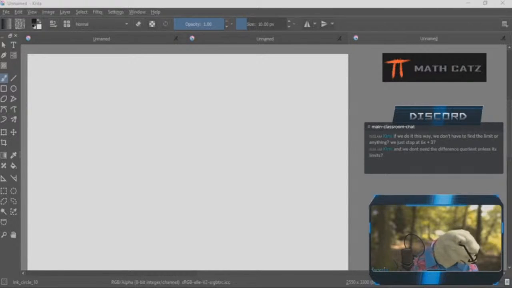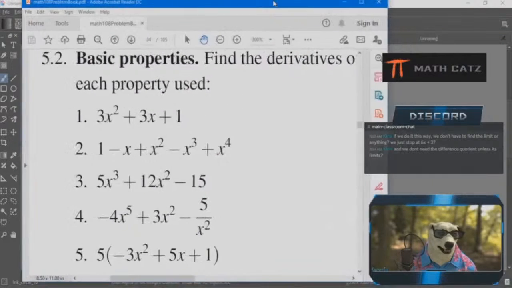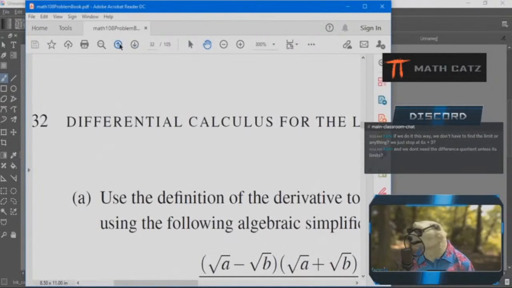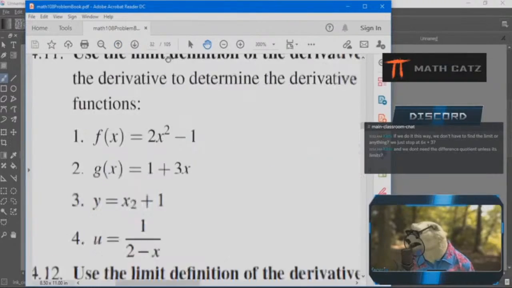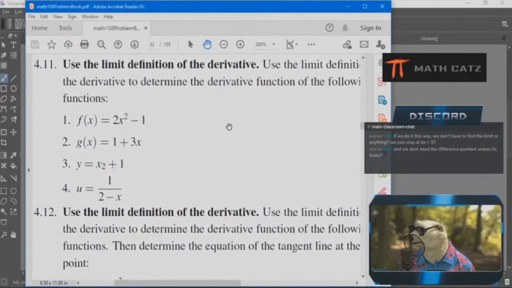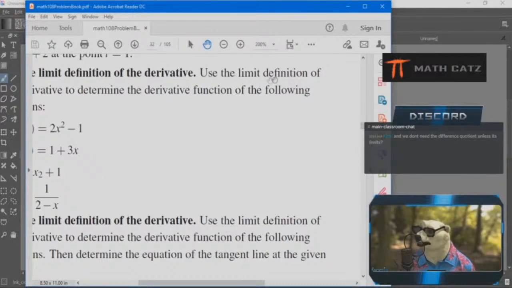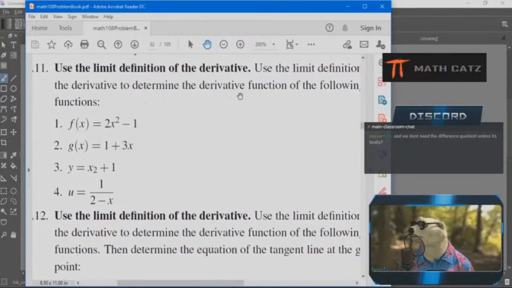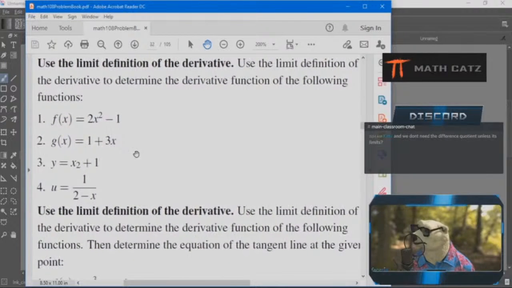Check a question here. If we do it this way, we don't have to find the limit or anything. No, the whole point is I don't want to touch that limit unless a question specifically says, I'm a little zoomed in here. Let me zoom out. This is way too much. Here, unless the question specifically says use the limit definition to determine the derivative, I will not do the limit because it is tedious, time-consuming, difficult, messy, all of the bad stuff.